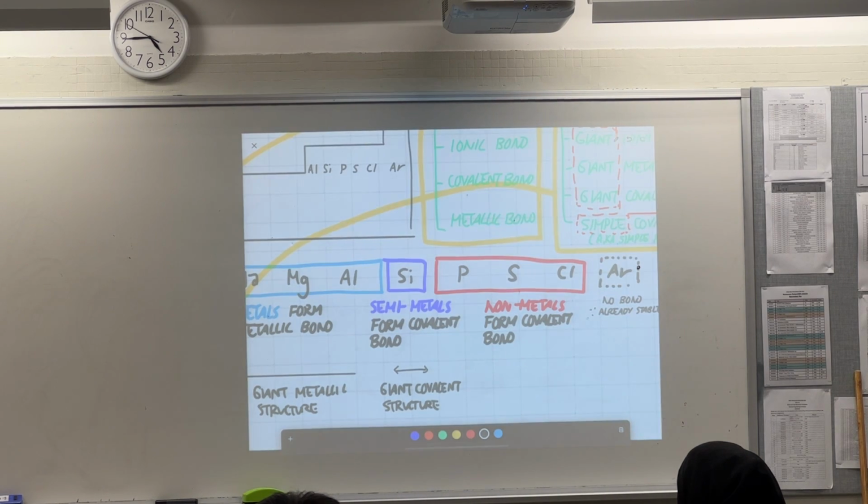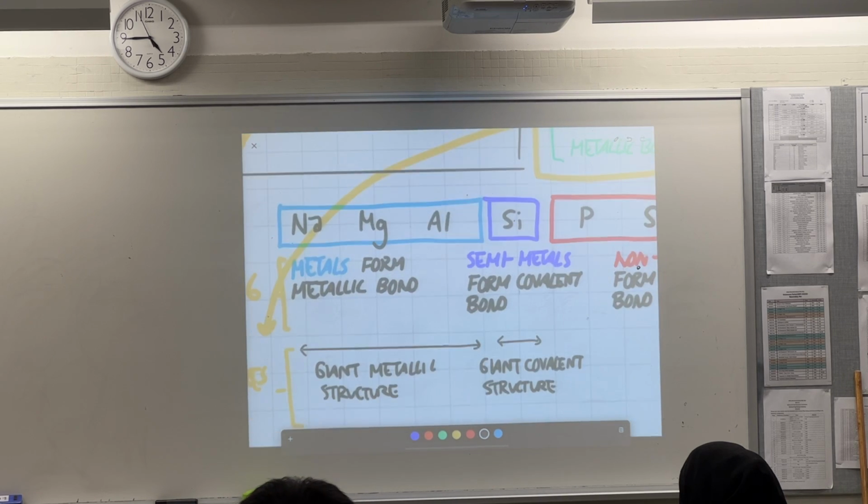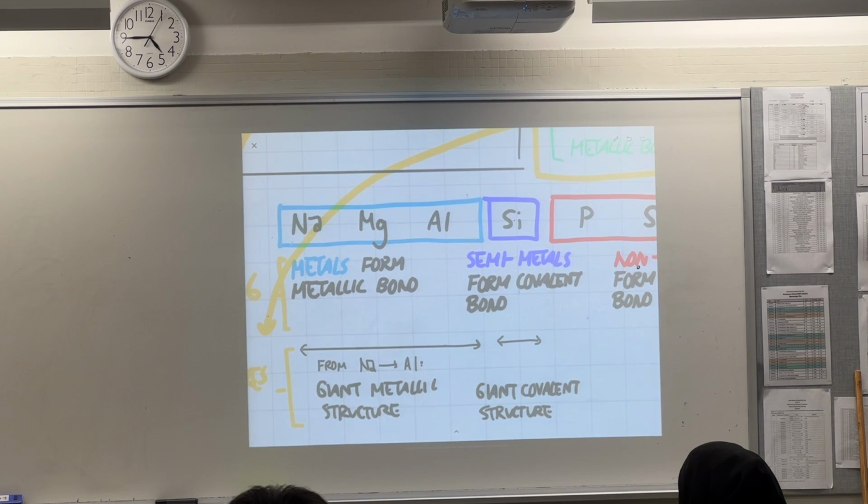It's only Si that forms a giant covalent structure. Na to Al form giant metallic structure. So put down from Na to Al, giant metallic structure. For Si only, giant covalent.